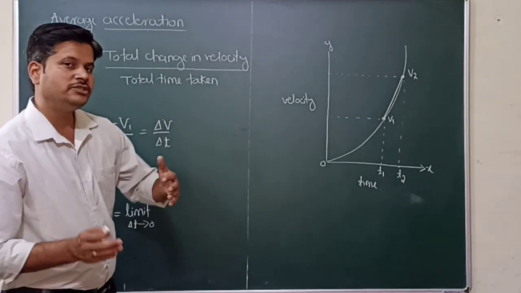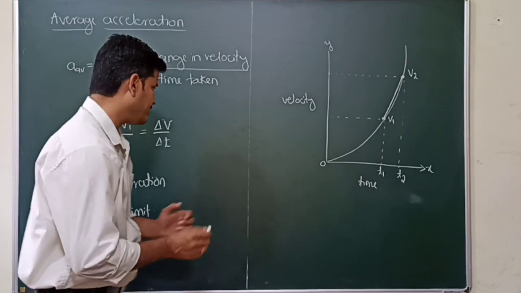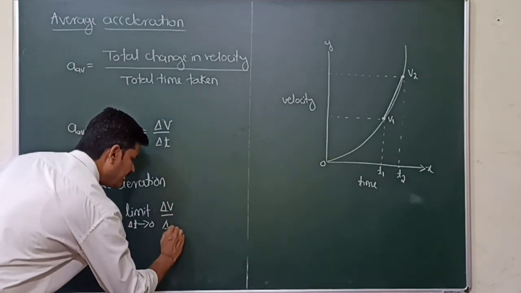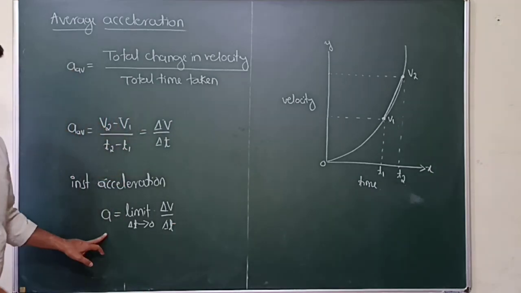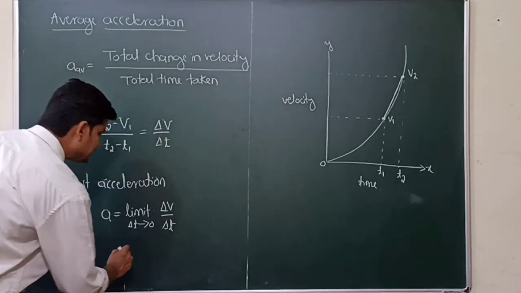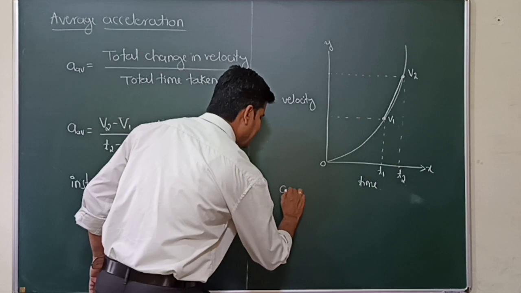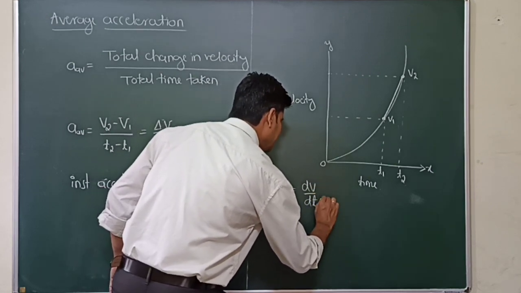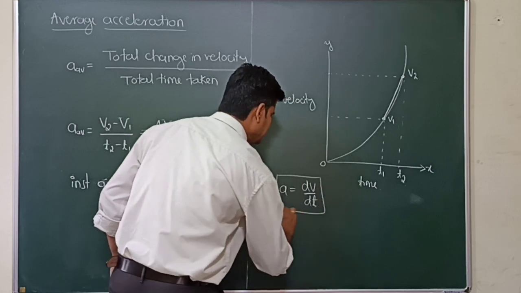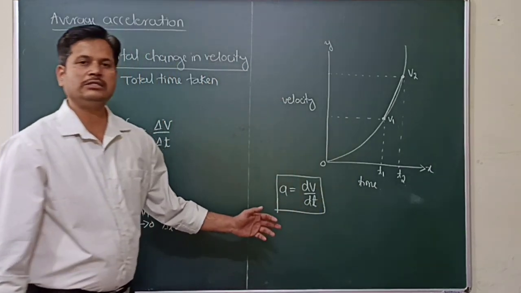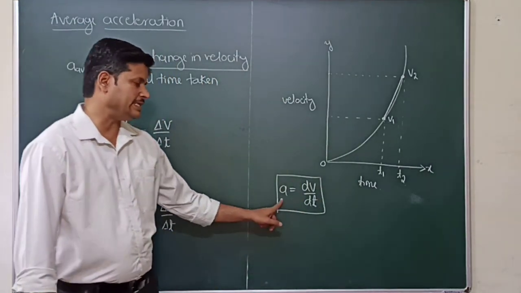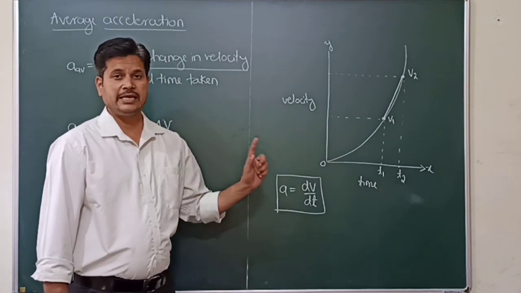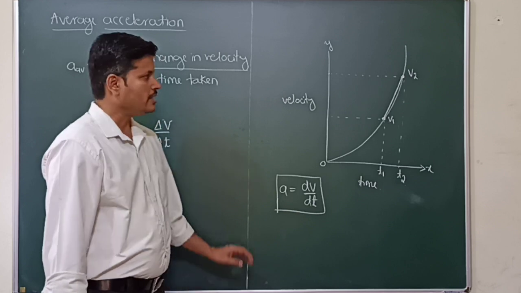This means the change in the velocity is very, very small divided by delta t, right? Or simply take this as a equals dv by dt. This is instantaneous acceleration. Okay, note down.